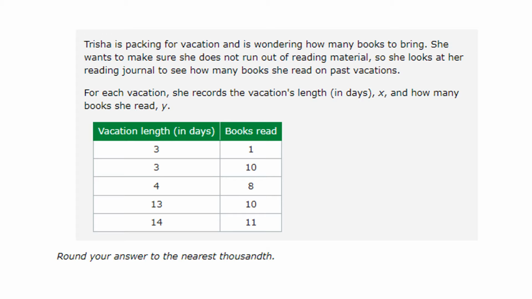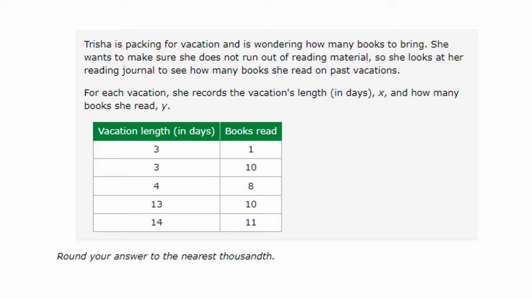Trisha is packing for vacation and is wondering how many books to bring. She wanted to make sure she does not run out of reading material, so she looked at her reading journal to see how many books she read on past vacations. For each vacation, she records the vacation length in days and how many books she read.